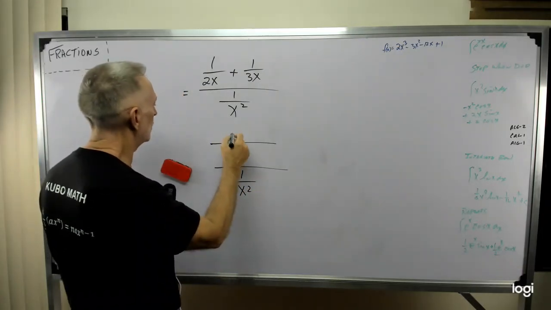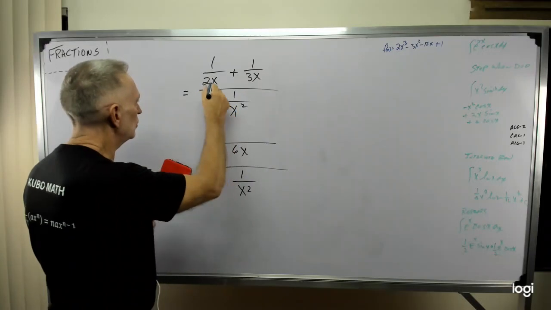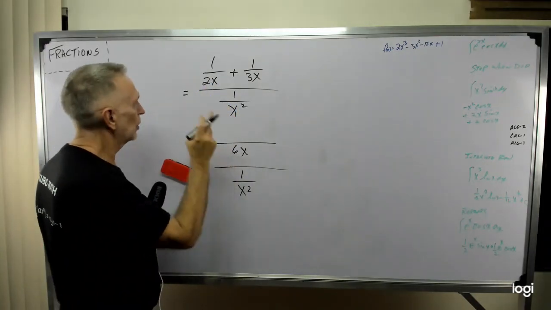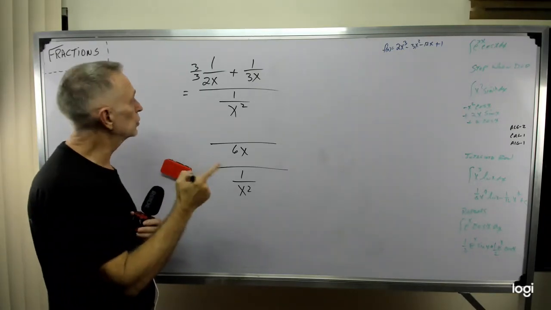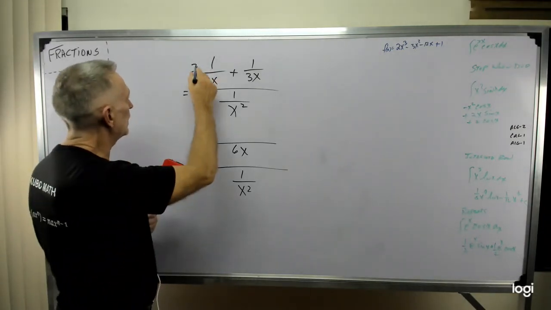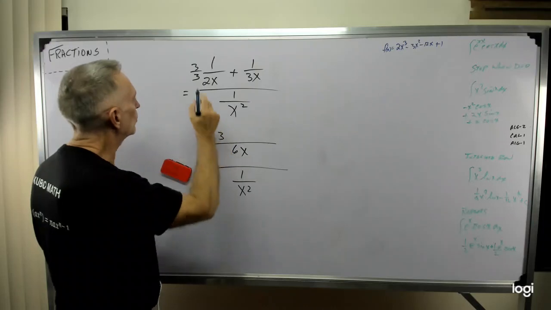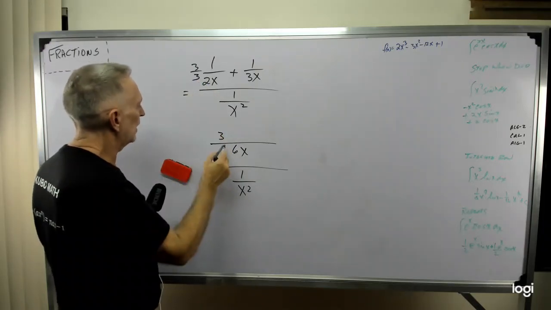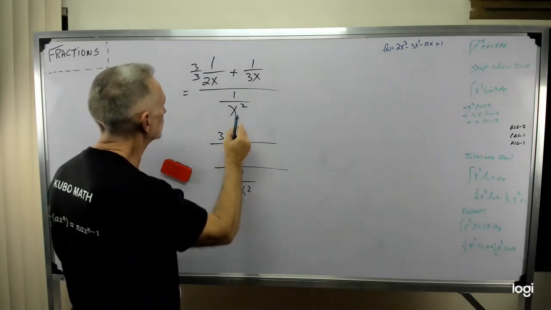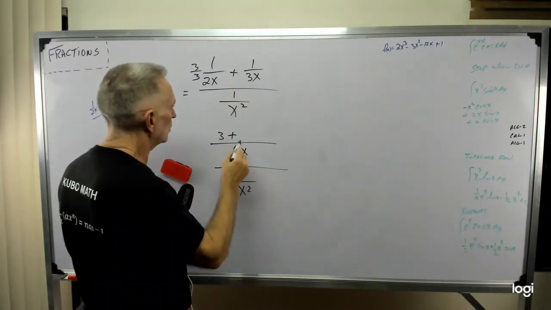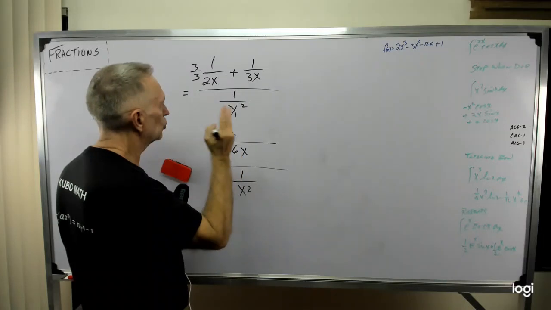Alright, so we're saying 2x will go into 6x 3 times. So I'm going to multiply that by 1, which is 3 over 3. And that gives me 3 times 1, which is 3, divided by 6x. 3 times 2x, 6x. Plus 3x will go into 6x 2 times.